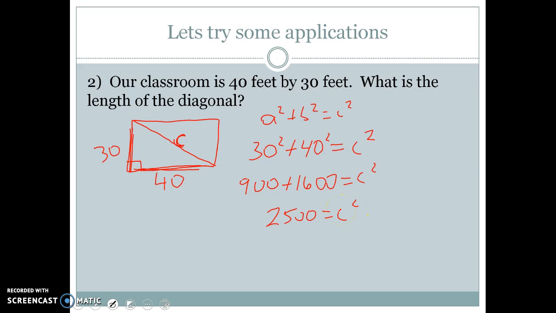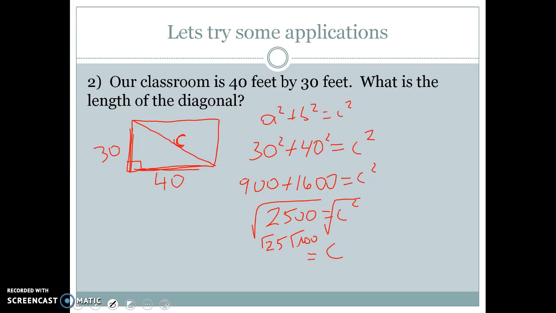So then I want to figure out what just c is, so I'm going to take the square root of both sides. If I take the square root of c squared, I will get c. The square root of 2,500, well, we could think of it like this. That's 25 times 100. And the square root of 25 is 5, and the square root of 100 is 10.